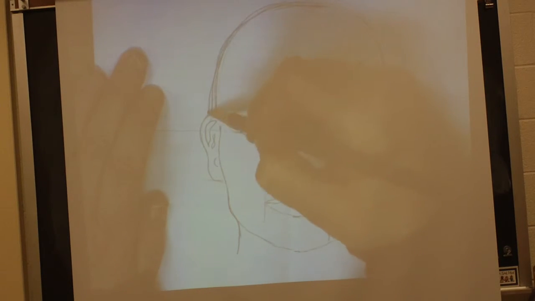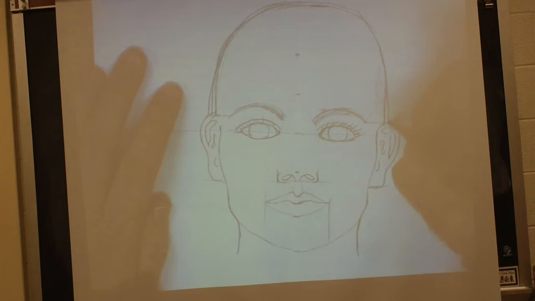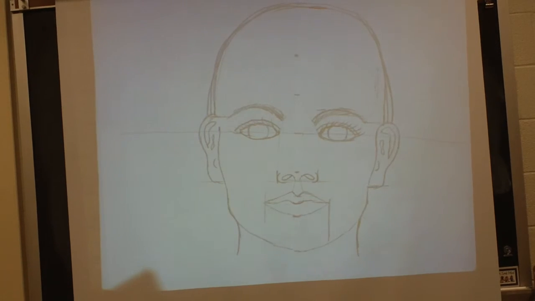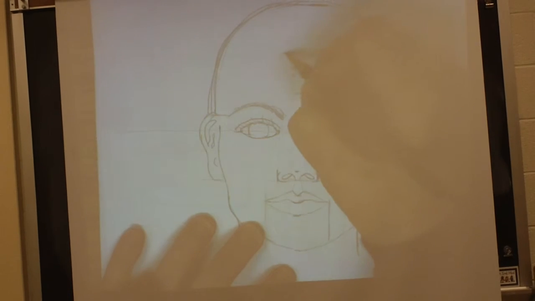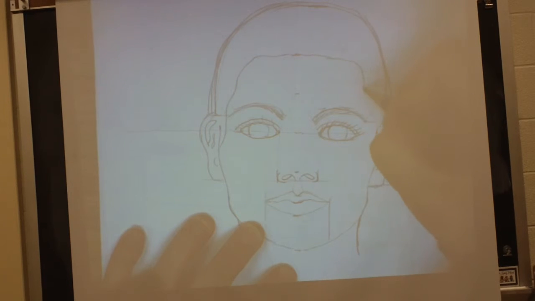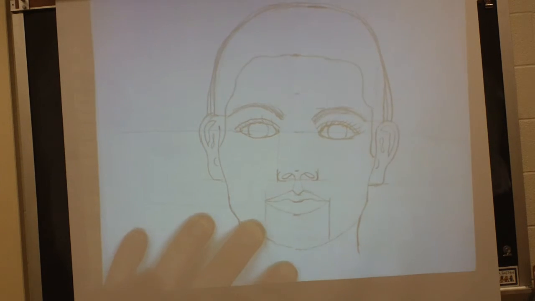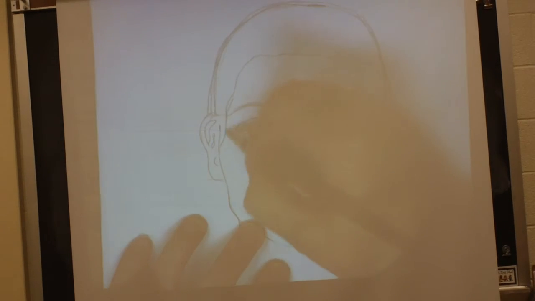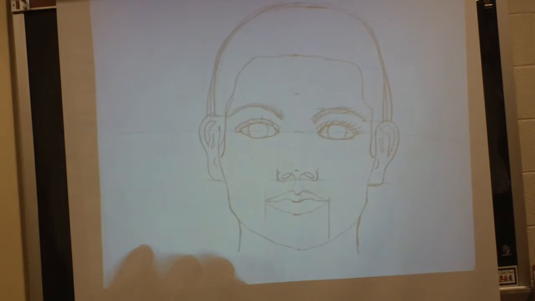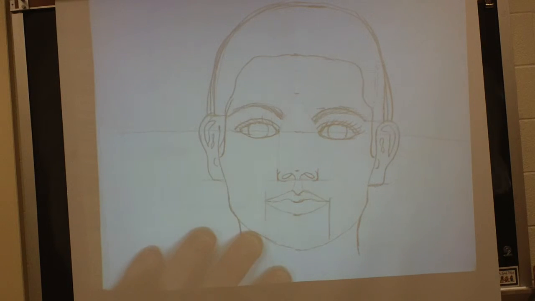It usually goes behind the ears, so this part gets filled in. And if it's curly hair, you have to look at the curls and go with the way they go.